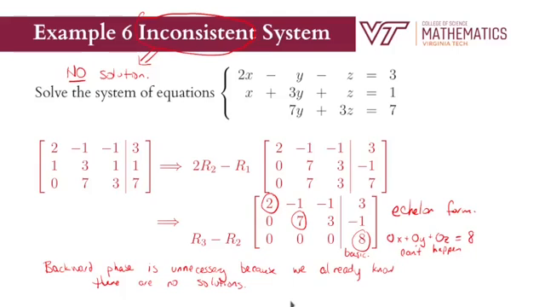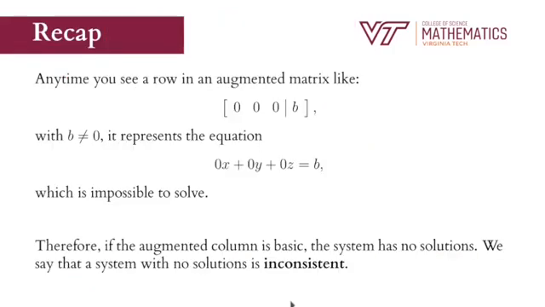All right. So let's move on and see a different example. Anytime that we see a row in an augmented matrix like this, where b is not equal to 0, that's impossible to solve. We call this system inconsistent.